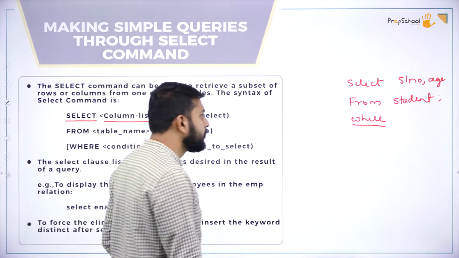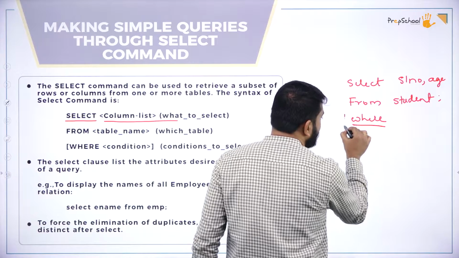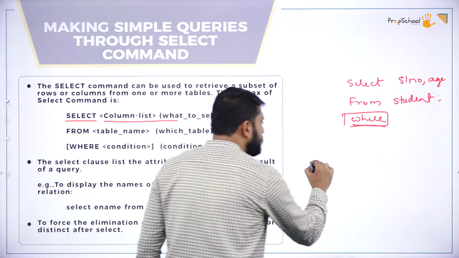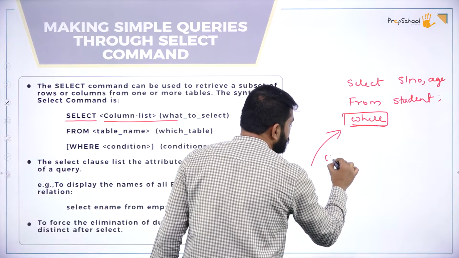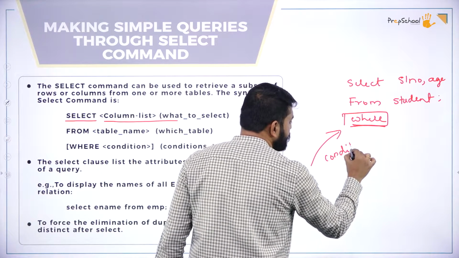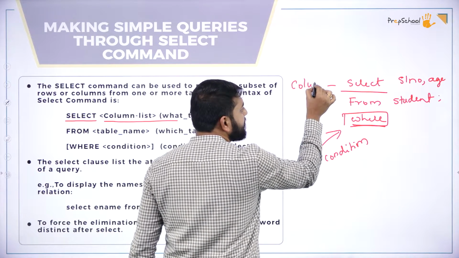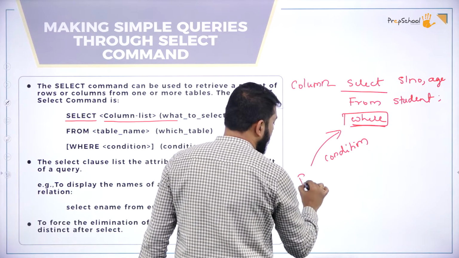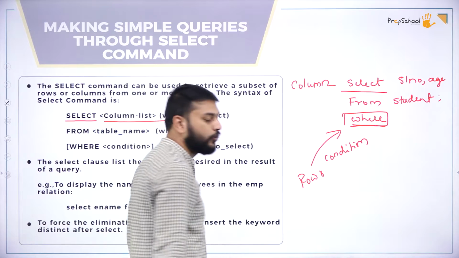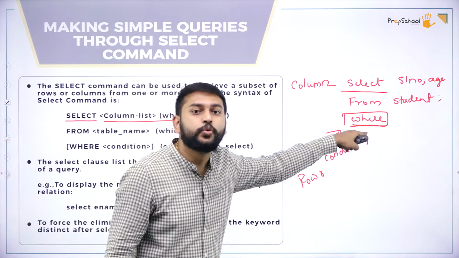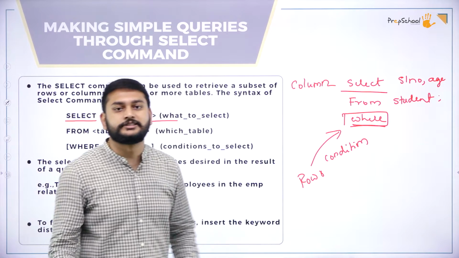For that, listen to me carefully. I have a special clause called the where clause, where you can give all your conditions. If you want to give any conditions with respect to the rows, here you are dealing with rows, while in the select you are dealing with columns. Whatever conditions you want to give, you will give in the where clause.